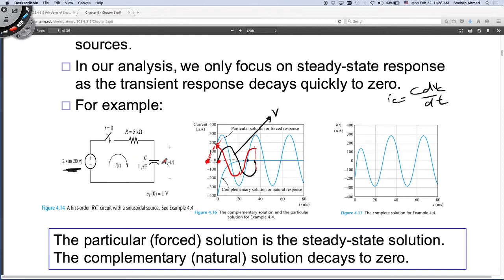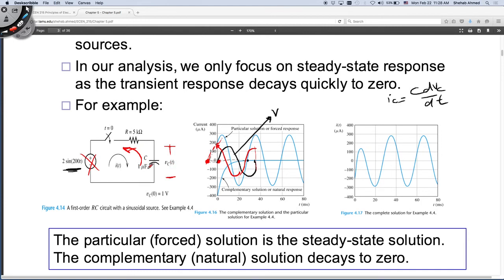How about the effect of the initial charge in the capacitor? Originally we considered the effect of the sine wave source on the RC without the initial charge. Now let's consider the effect of the initial charge in the capacitor without this source. The capacitor that was originally charged will discharge through the closed loop into this resistor.